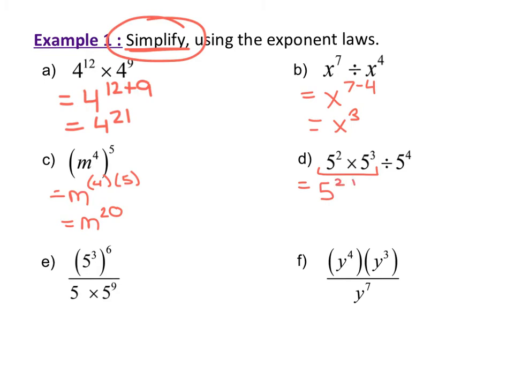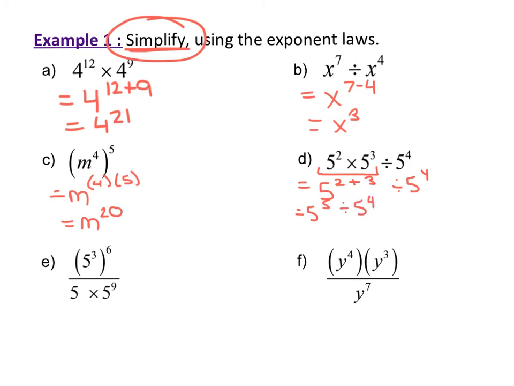2 plus 3, okay? And I'm going to just break it down even more, just to show this. So 2 plus 3 gives us 5 divided by 5 to the power 4, okay?